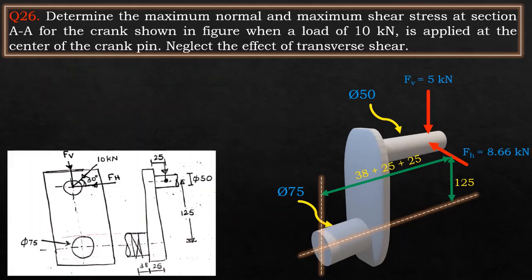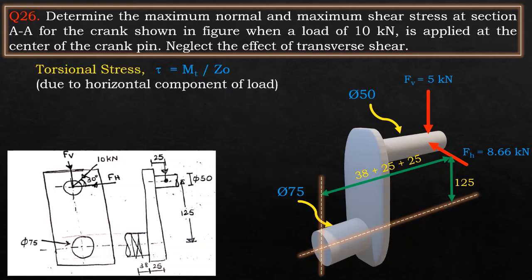Let us now determine the torsional shear stress in this crank. The torsional shear stress is mainly due to horizontal component and is given by the formula tau is equal to Mt by Z naught. In this case, Mt is nothing but the twisting moment or torque, which can be obtained by multiplying the force with radius of rotation.